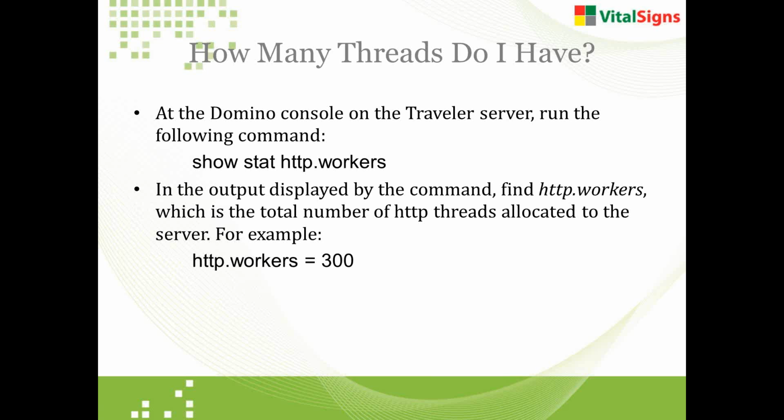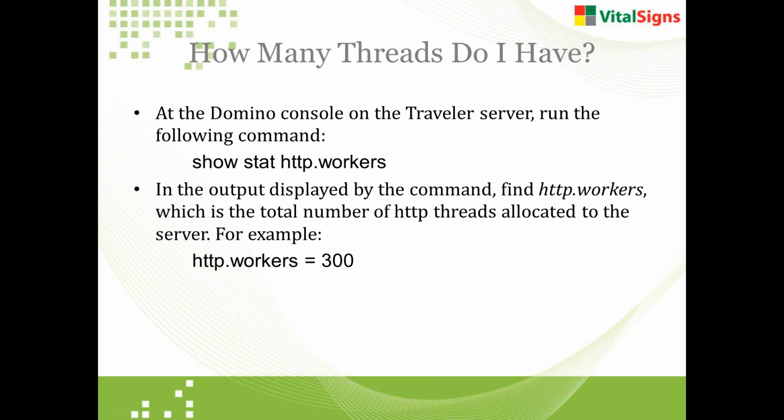So the second thing is you need to know, okay, now I know how many devices I have and therefore how many threads I need. Well, how many do I have? And the way to find that out is to issue the remote console command showstat HTTP workers, and that will return a number like this: HTTP workers equals 300, using my hypothetical example of 225 devices.